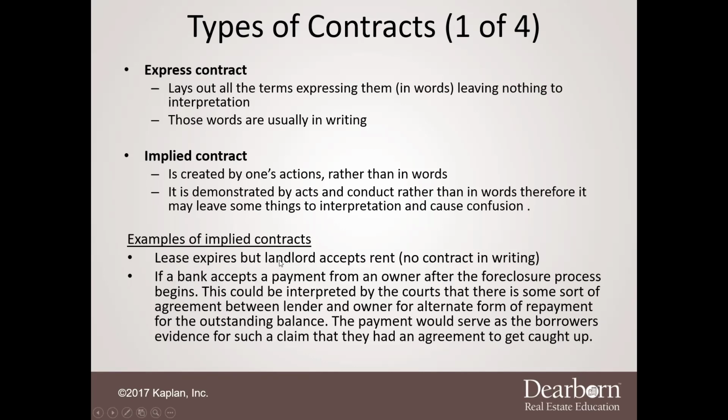Now, here's another example of an implied contract. If a bank accepts a payment from an owner after a foreclosure process begins, this could be interpreted by the courts that there may be some sort of an agreement between the lender and the owner for an alternate form of repayment to get caught up on the outstanding balance, especially if they tell the court that that's what's going on, because that implication of them accepting a partial payment may create that implication that there was some sort of an agreement.